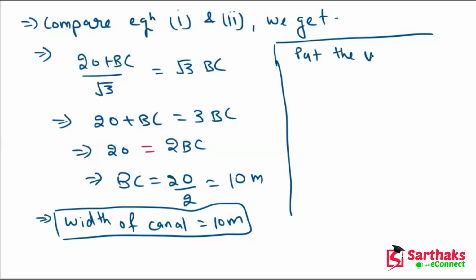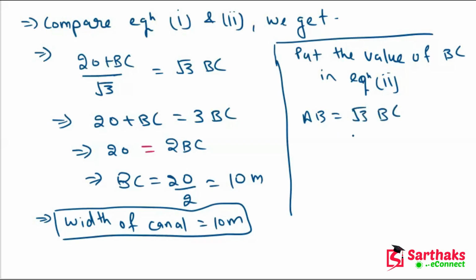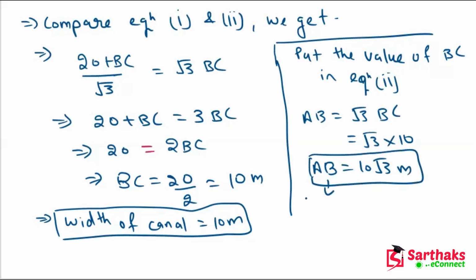We get AB is equal to root 3 BC, meaning root 3 into 10. So AB is equal to 10 root 3 meters. This is the height of the tower.